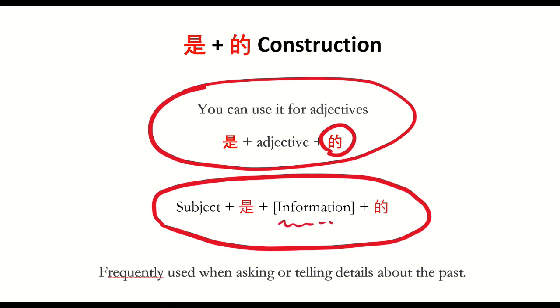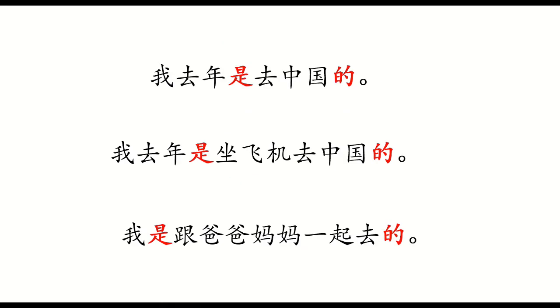Now this information to be emphasized could be a time, it could be a place, it could be a manner, kind of how you do something. Maybe, oh, I went to school by car or something. And in Chinese, it's really frequently used in the past tense. Okay, let's have a look at some examples of emphasizing information in the past.